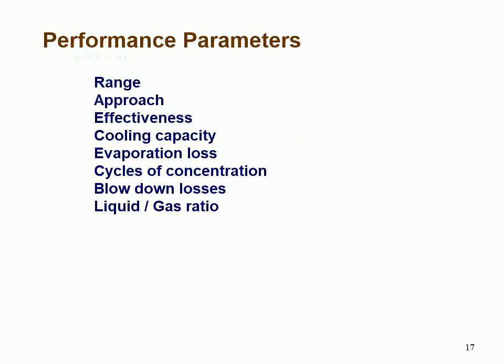These measured parameters are then used to determine the cooling tower performance in several ways. These are range, approach, effectiveness, cooling capacity, evaporation loss, cycles of concentration, blow-down losses, liquid/gas ratio. We will now go through each of these parameters on the next slides.